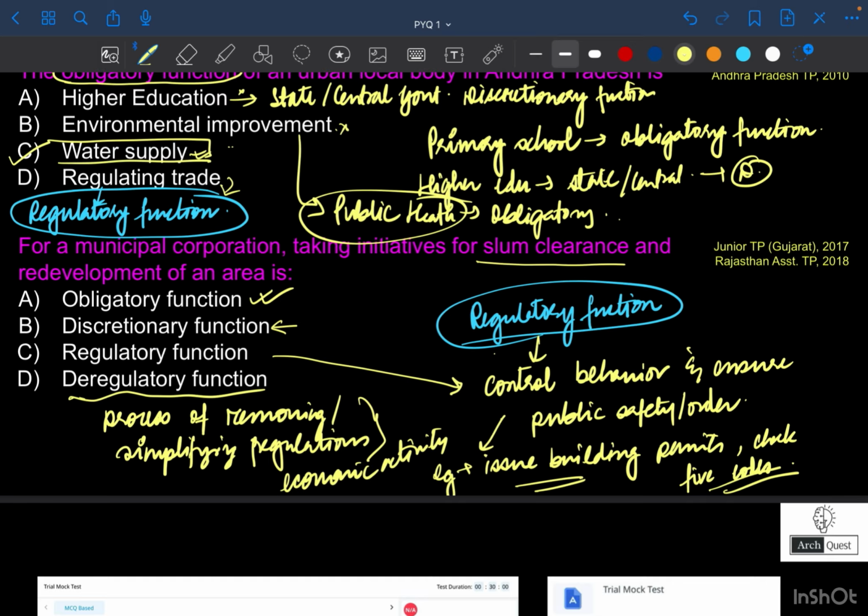Fine. So the major function is related to obligatory function and discretionary function. उसके अलावा हमारे पास कुछ norms होते हैं, कुछ licenses permits करने होते हैं, that comes under regulatory functions. ठीक है.